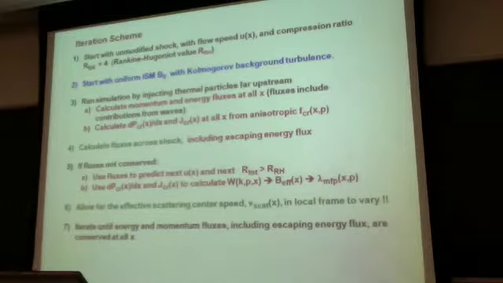We calculate all the fluxes, including the escaping energy flux. If the fluxes are not conserved, we redo everything. We keep doing this iteration until we come up with a structure and magnetic field turbulence that conserves momentum and energy. Of course, I'm going through this very quickly. It's a complicated process, but I think we put this all together in a reasonably self-consistent way.